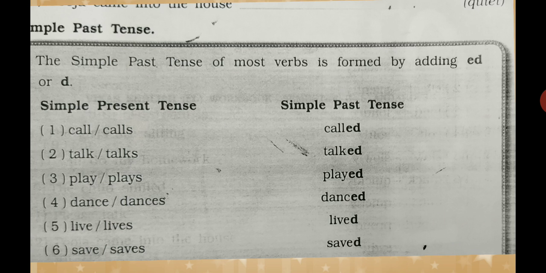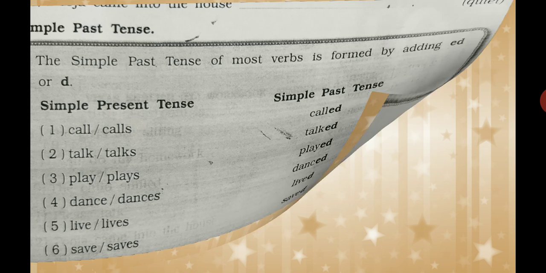What are they? Call, called, talk, talked, play, played, dance, danced, live, lived, save, saved. Don't pronounce it as called, talked, played, danced. You have to pronounce them properly. Understand? Like this. Another rule is there.